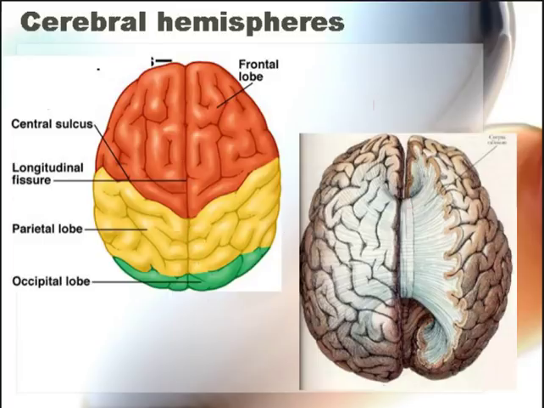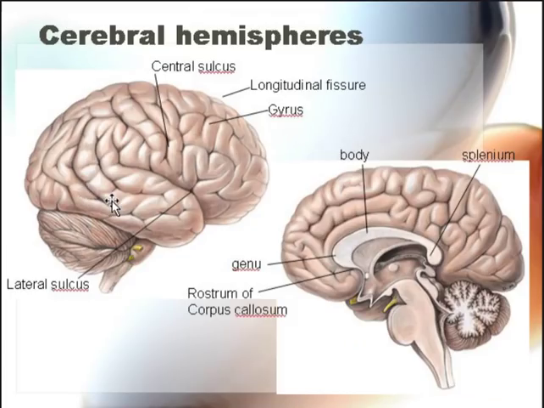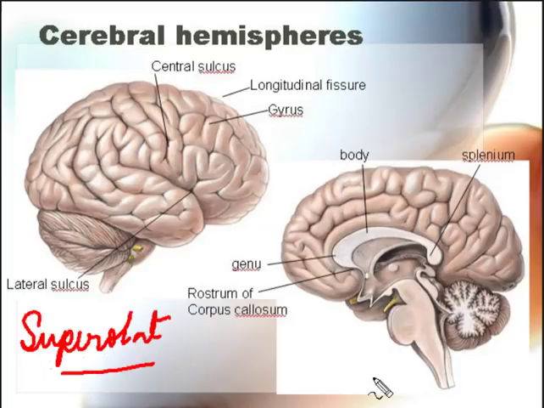Next, we look at the surface of the cerebral hemispheres, and here we are looking at the superolateral surface, and this is the medial surface. The surface of the hemisphere is deeply furrowed by little fissures which are known as sulci.